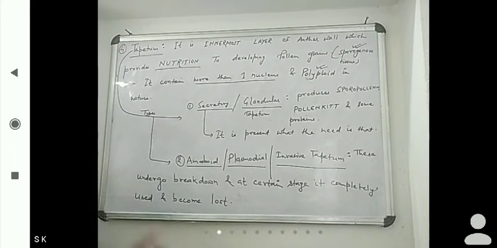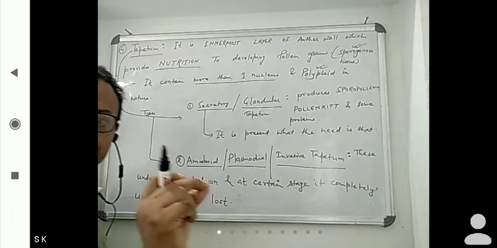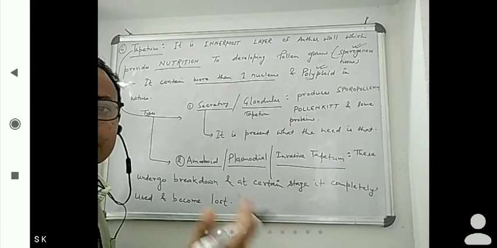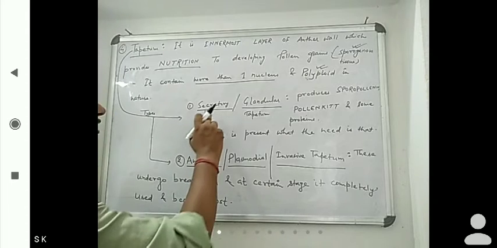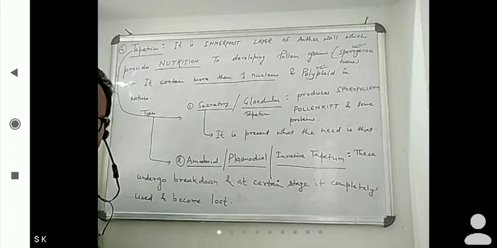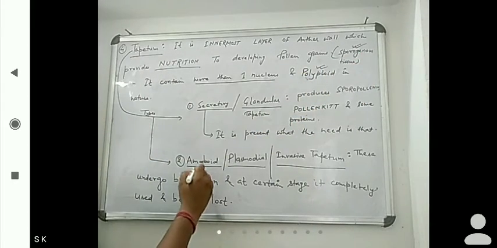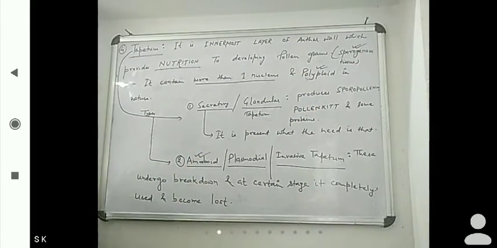Now here the question asks, which type of tapetum continuously gives their reference? Secretory. And which type of tapetum is lost during the development of pollen grains or sporogenous tissue? That is amoeboid. That you have to remember. So these two types of tapetum are there.